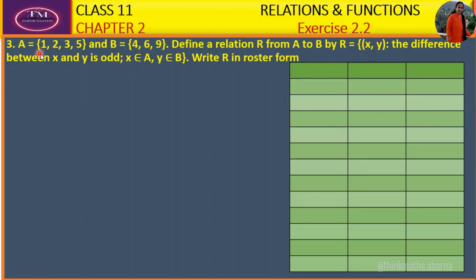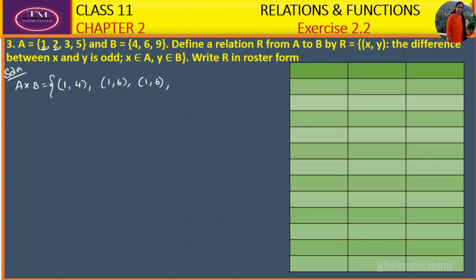So here there are two sets A and B. First let us form the Cartesian product so that we know how many ordered pairs we can form. How will we form the Cartesian product? Take the first element from the first set A and pair it with all the elements in the second set B. So it is 1 comma 4, 1 comma 6, 1 comma 9.